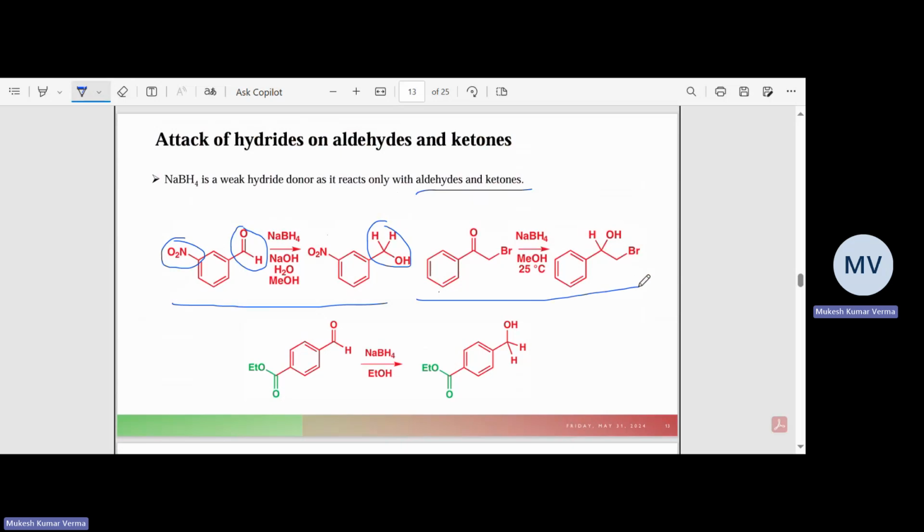In the second example, sodium borohydride cannot affect the carbon-bromine bond. It is specific for the reduction of the C=O double bond of the aldehyde. In the third example, there is an ester group, but because sodium borohydride is weak, it reduces only the specific group, that is, the aldehyde.